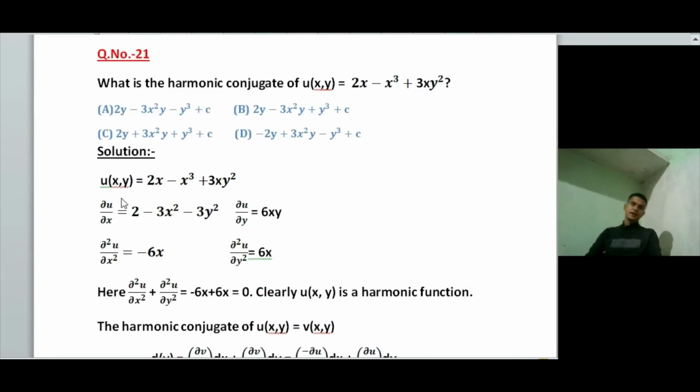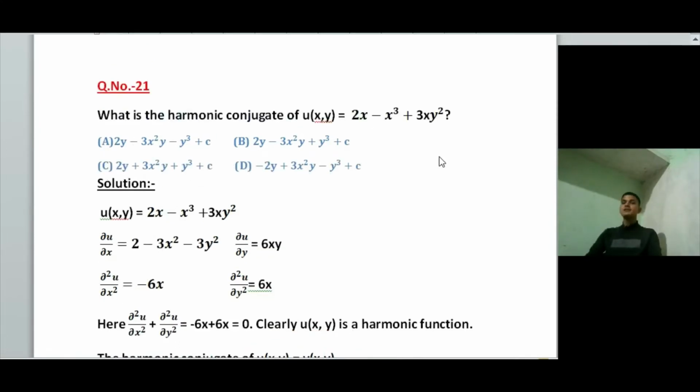If u(x,y) satisfies the Laplace equation, then u(x,y) is said to be a harmonic function. So we will check whether this function is harmonic or not.